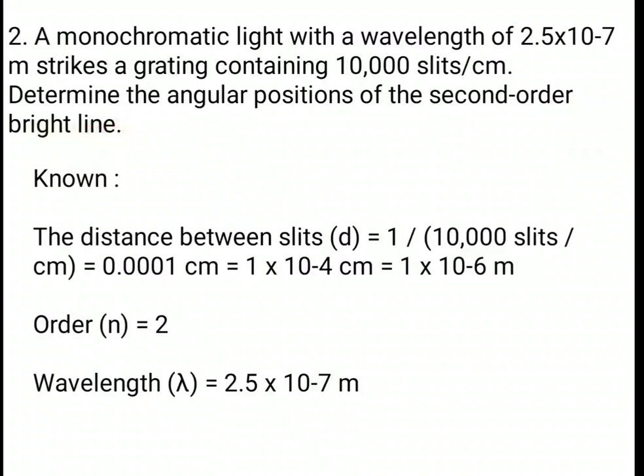Here in the given problem, the distance between the two slits d is equal to 1 by n, that means 1 by 10,000 slits per centimeter, which is equal to 0.0001 centimeter, equal to 1 into 10 power minus 4 centimeter.